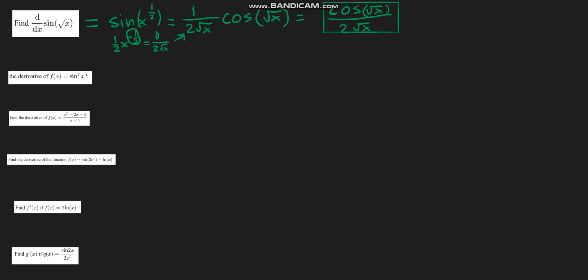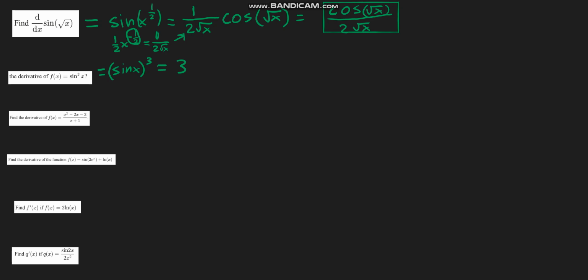Alright, the derivative of sine cubed x. So another way you can think about this is sine x, and then in parentheses is cubed. When it's like this, what I like to do is just use the chain rule.